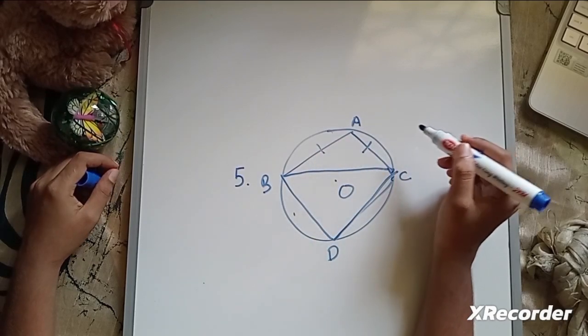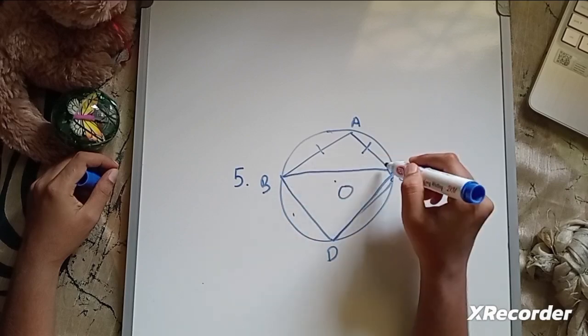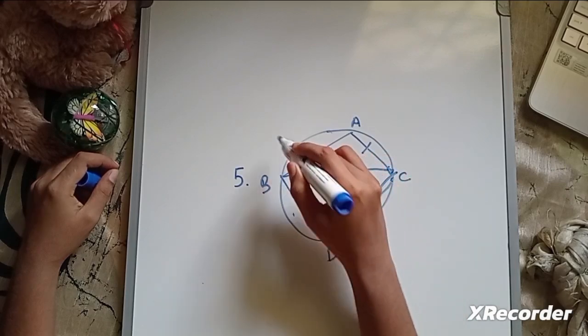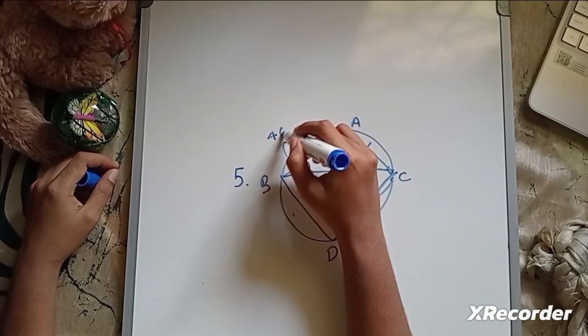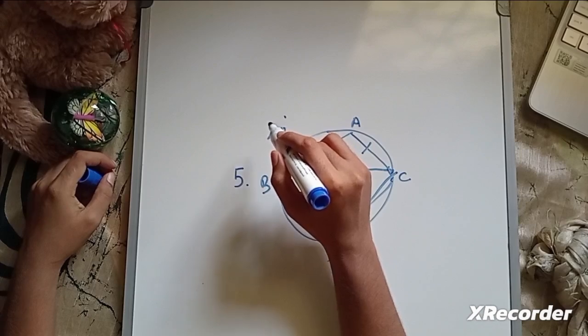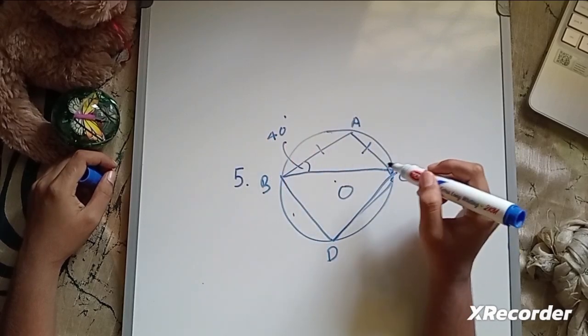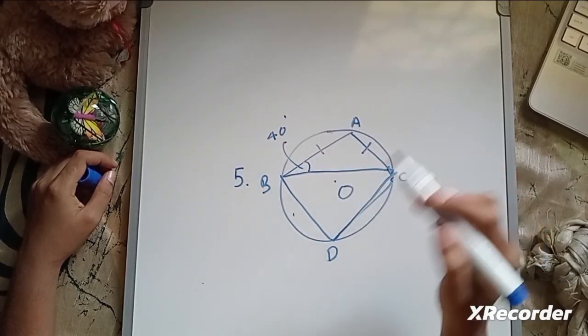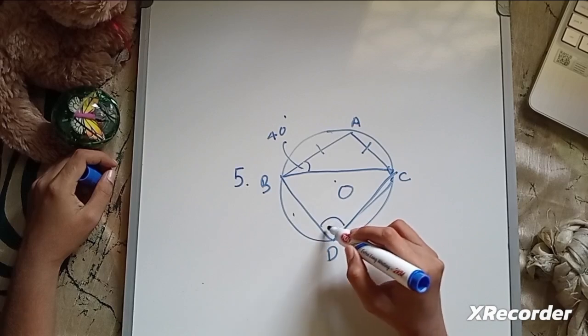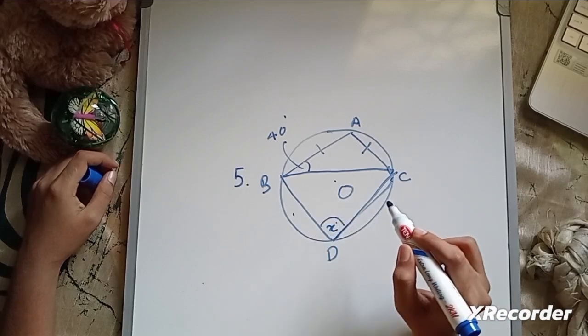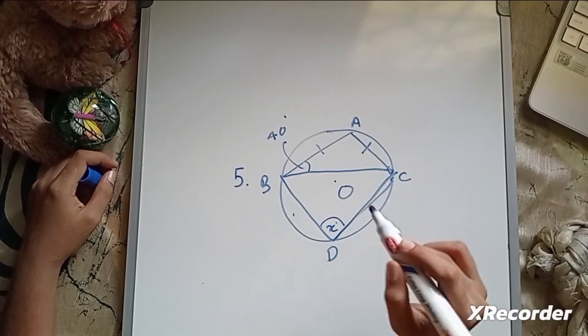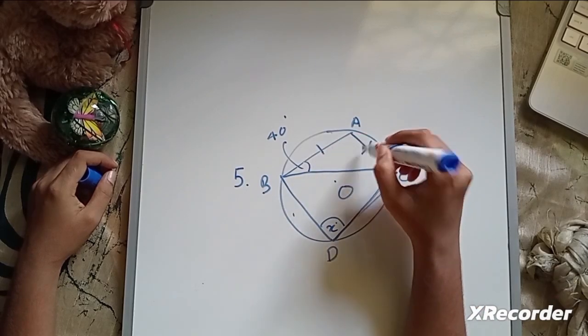Angle ABC is 40 degrees. Find the magnitude of BDC. So you have to find this value. How can we do that? So these are equal sides.